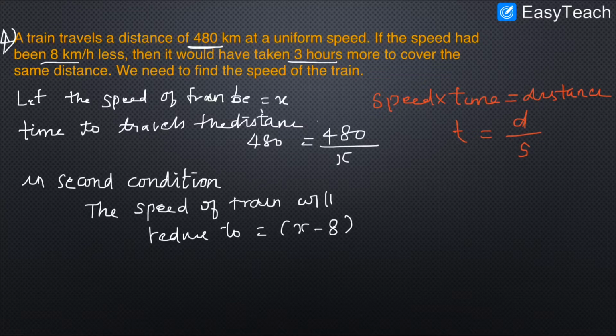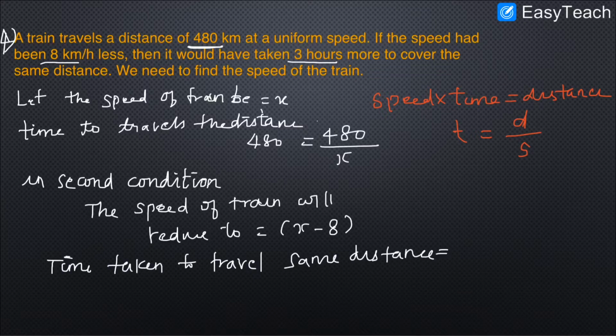And it is also given that the train will take 3 hours extra to travel the same distance. So the time taken to travel the same distance is 480 by x plus 3 hours extra. I just add plus 3 with this term.